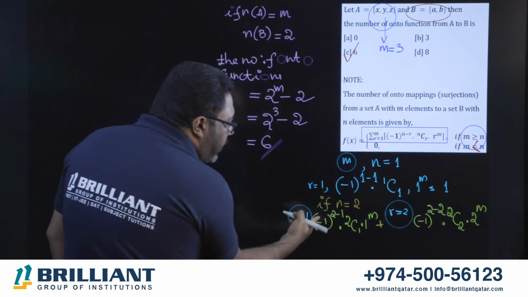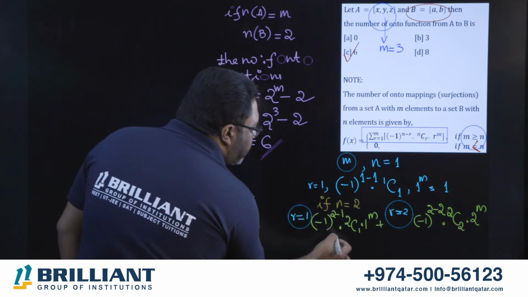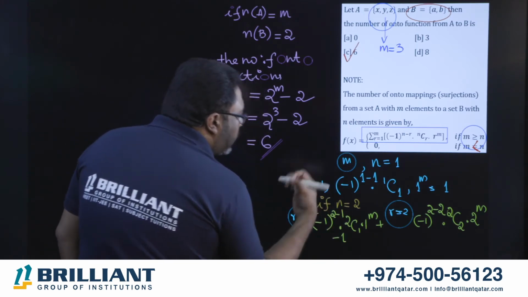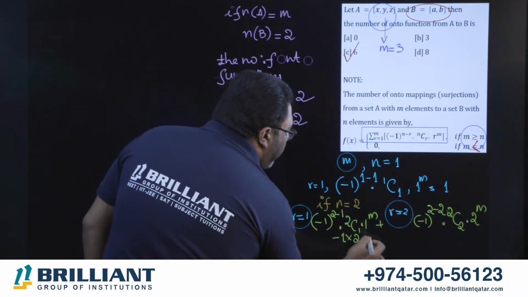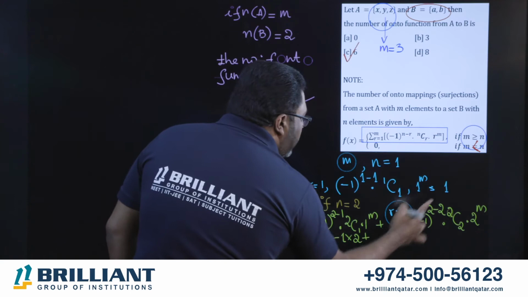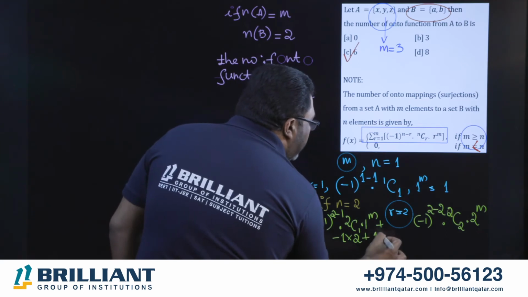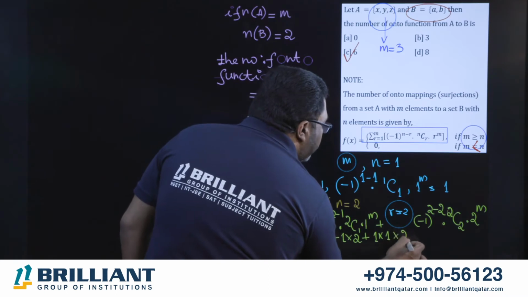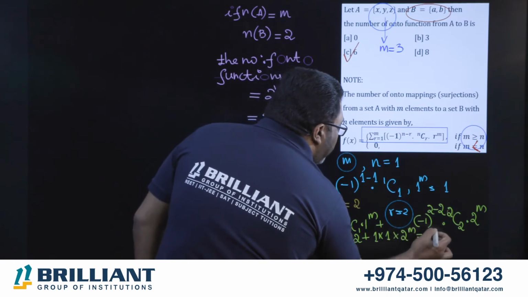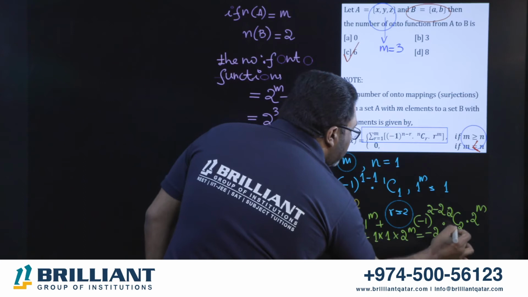So this is going to be minus 1 raised to 1, which is minus 1, into 2C1, which is 2, plus minus 1 raised to 0, which is 1, into 2C2, which is 1, and 2 raised to m. So my answer is equal to minus 2 plus 2 raised to m.